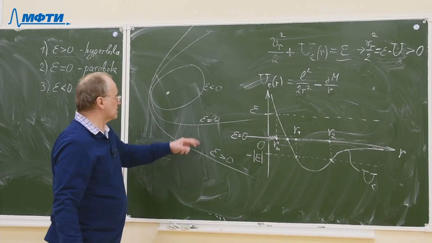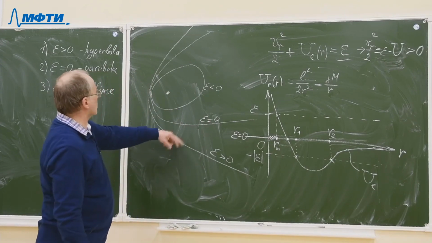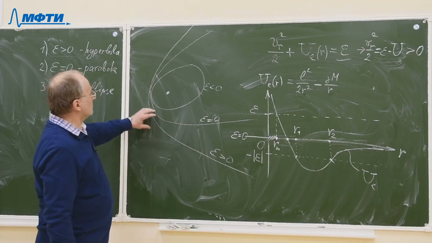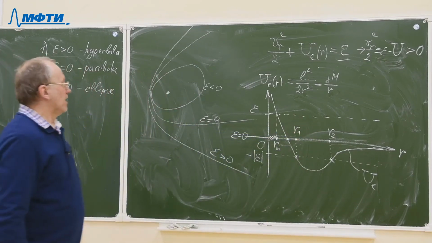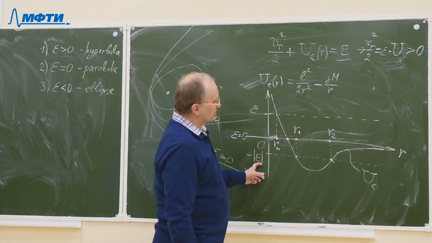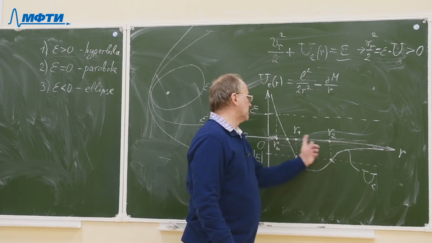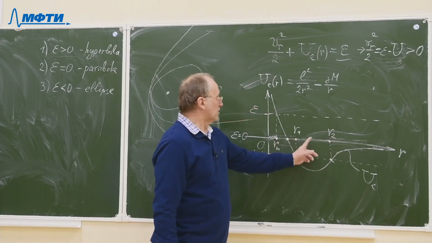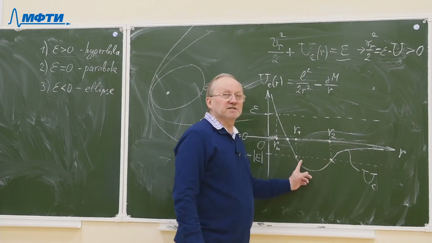The last two possibilities, hyperbolic trajectory and parabolic trajectory, mean that the planet will go to infinity. Such motion is called infinite motion. And when the total energy is less than zero, then the planet goes in between two distances from the sun, and such a motion is finite motion.